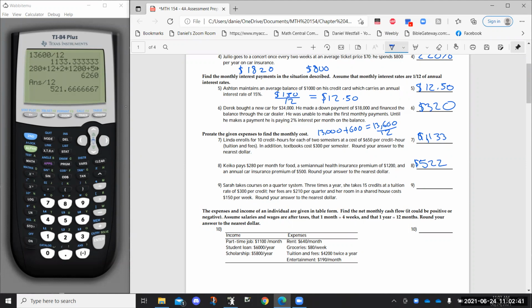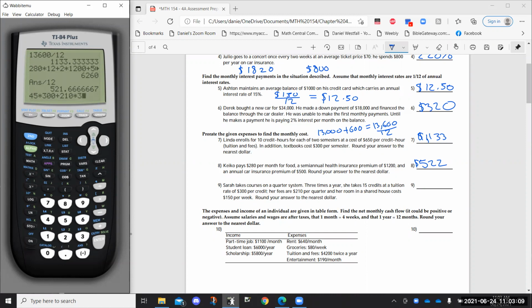Sarah takes courses on a quarter system 3 times a year. She takes 15 credit hours. So that's going to be 45 credits she's going to take at a cost of $300 per credit hour. She has fees of $210 a quarter that she's going to pay 3 times a year.